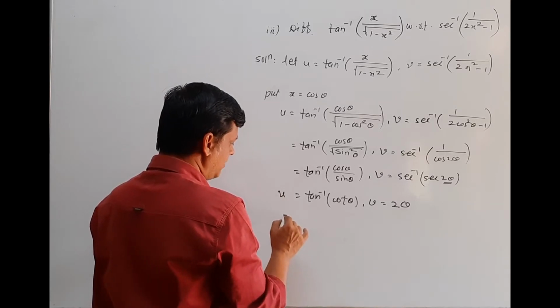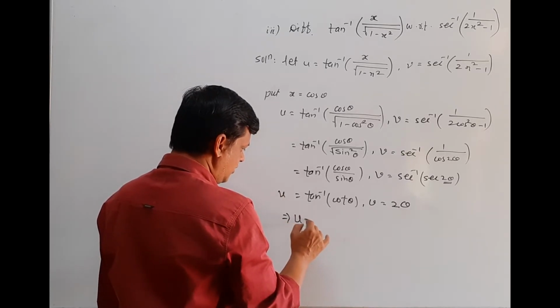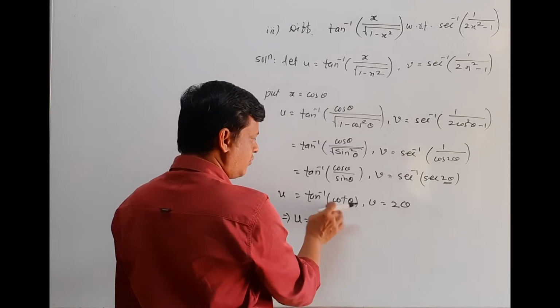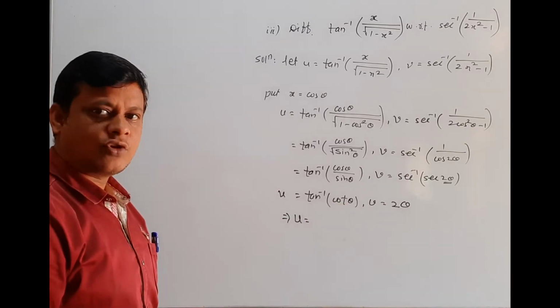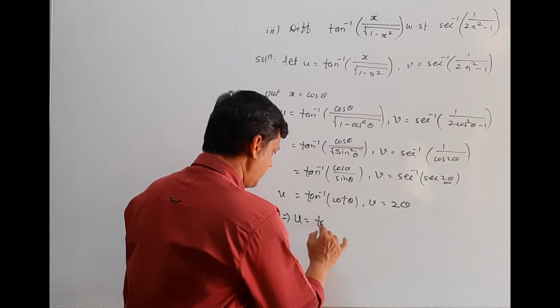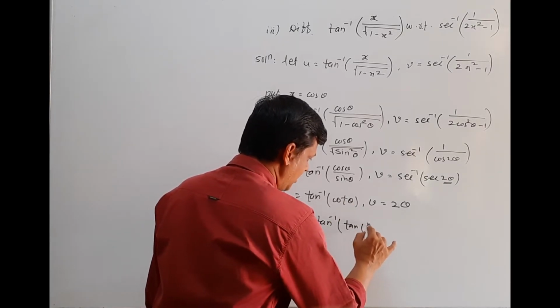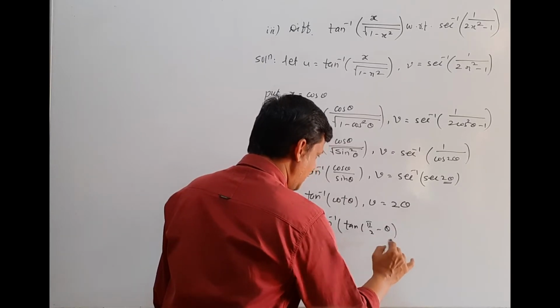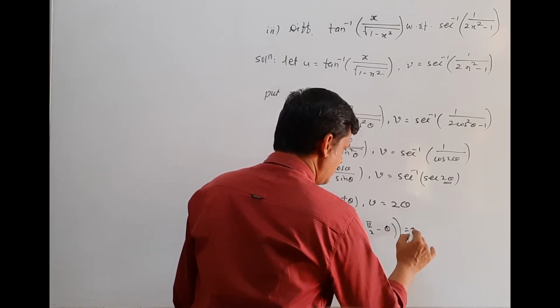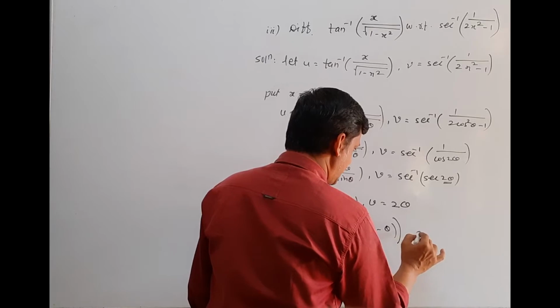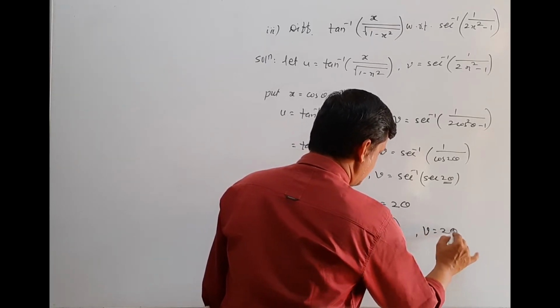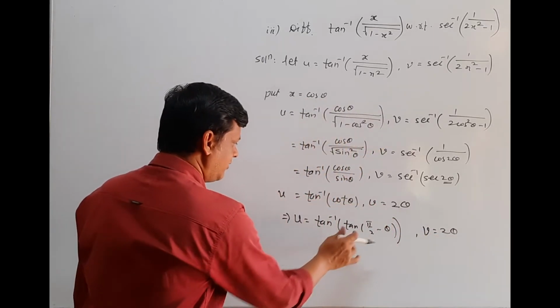Here we have to write u. First we have to convert this cot in terms of tan. For that we write tan inverse of cot theta as tan inverse of tan of pi by 2 minus theta, and v equals 2 theta as it is. So tan inverse and tan get cancelled.